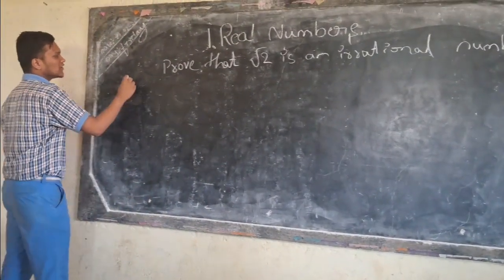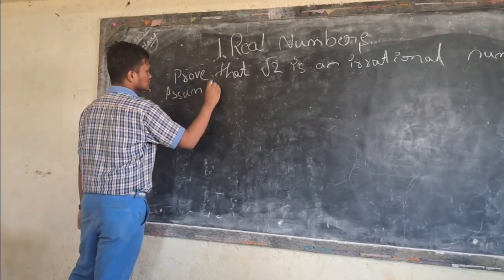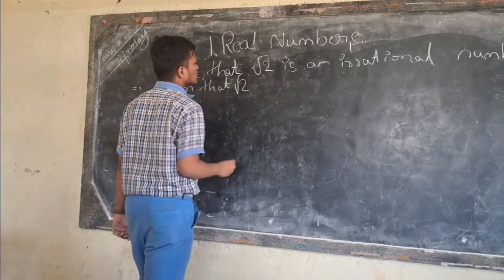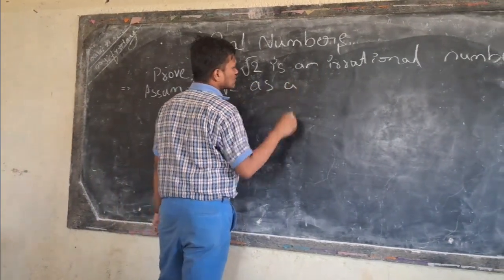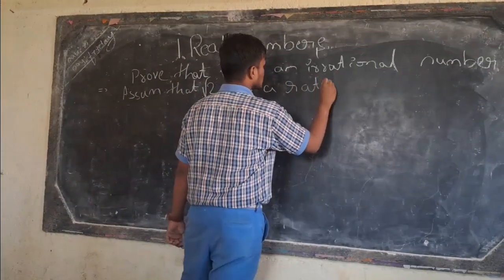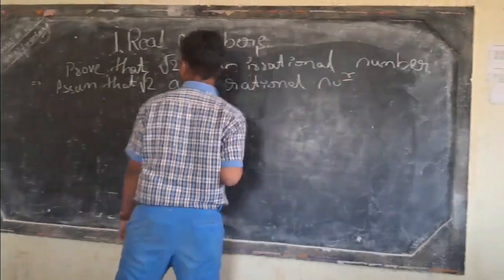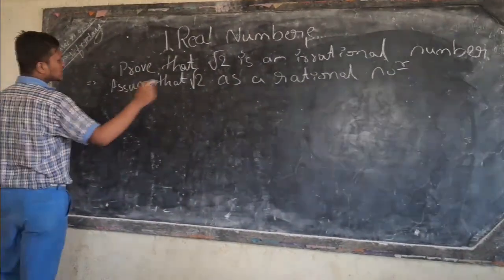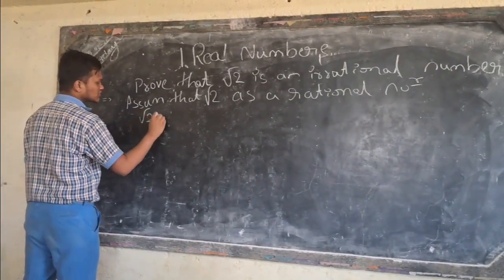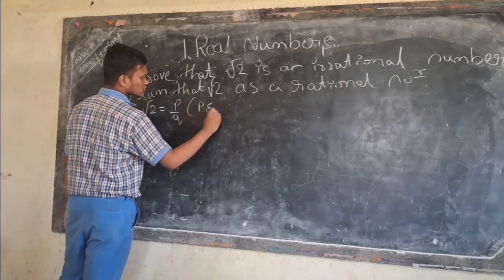At first, we have to assume that root 2 is a rational number. We have assumed that root 2 is a rational number. Then root 2 is equal to p by q, and p and q are co-prime numbers.